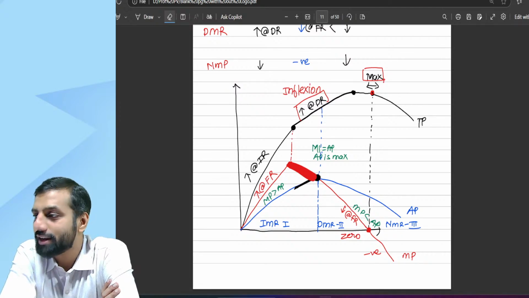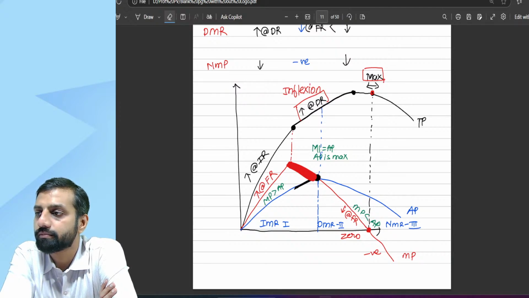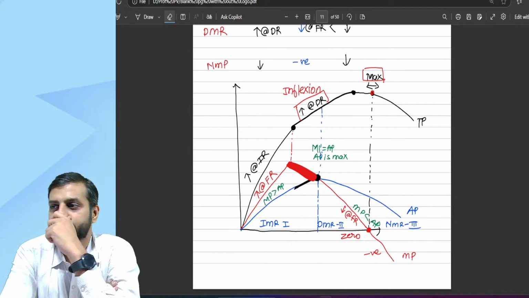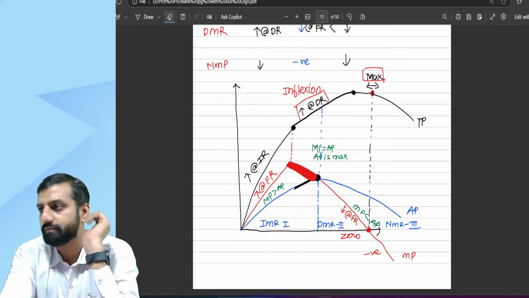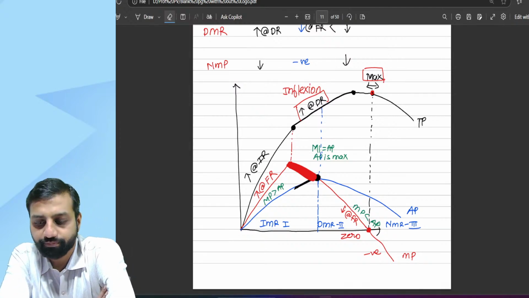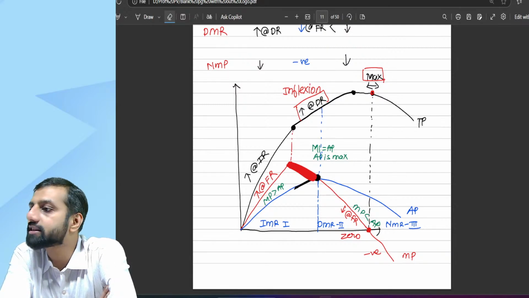Rudra, for the first time I have seen you in the class. Rudra, have you definitely understood? Welcome, Rudra. I hope you have understood it. Anything else, Surya, Rudra, Nandini?